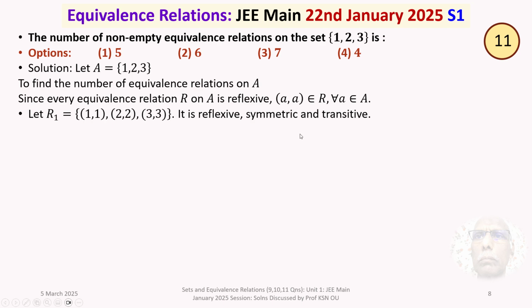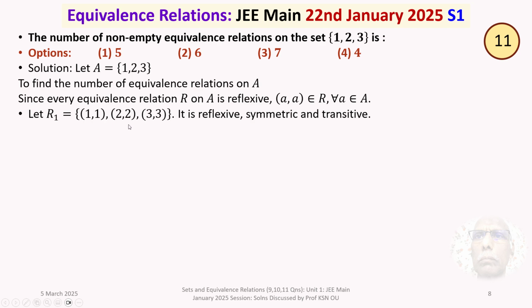Here many students ask, sir, how to test transitivity here? Read the definition of transitivity carefully. Whenever (a, b) and (b, c) belong to R, then (a, c) belongs to R. Whenever.